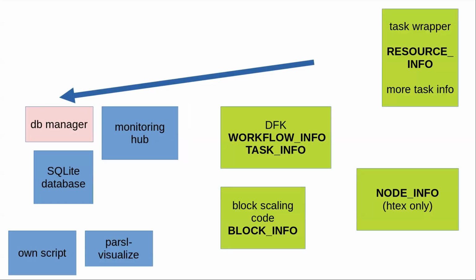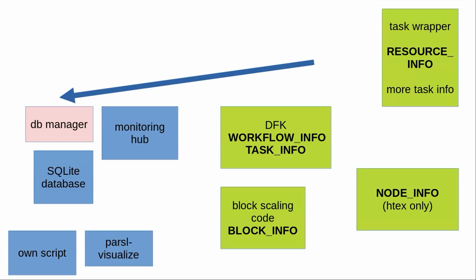Throughout all the distributed bits of Parsl, most components have the ability to generate a monitoring message. There are various types. They all get sent down this blue arrow, which I'll go into in more detail in a minute, to the database manager process. That's the pink thing over there at the left, and it's the only thing that deals with the database.